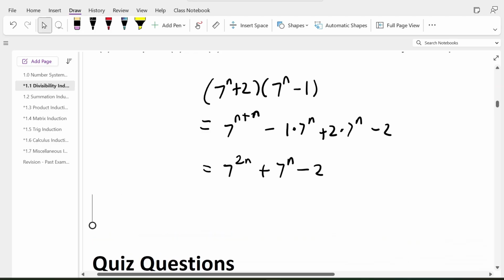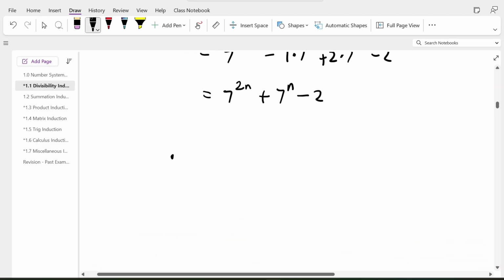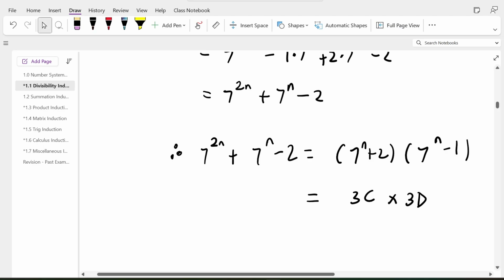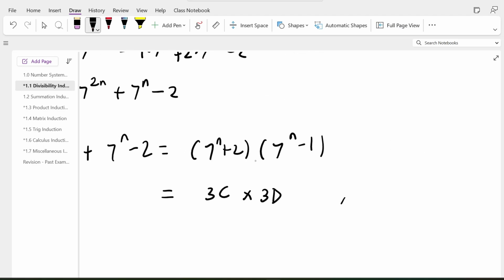So we can actually sort of work in reverse here. So we can say, therefore, 7 to the 2n plus 7 to the n take 2 is 7 to the n plus 2 and 7 to the n take 1. And this can be, let's call it 3c times 3d. And then we can say c and d are whole numbers.